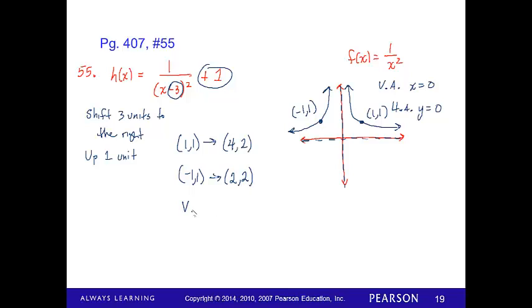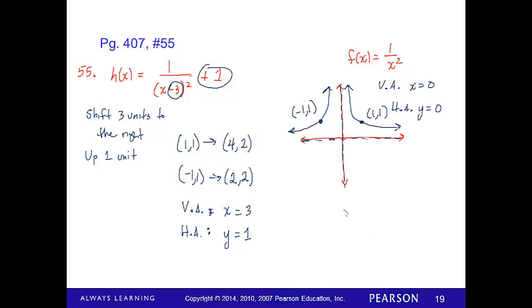Now, how do the vertical asymptote and the horizontal asymptote change? Well, before x equals 0 was our vertical asymptote. We're shifting 3 units to the right, so now it's going to be x equals 3. And your horizontal asymptote was y equals 0. Now it's going to be y equals 1.